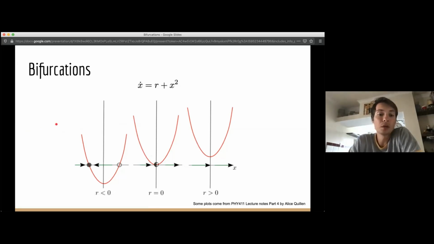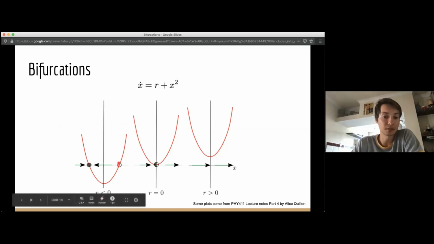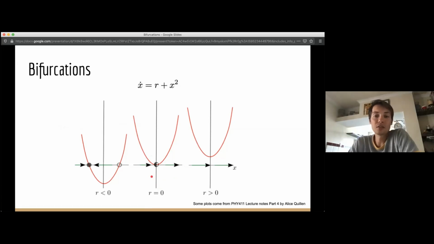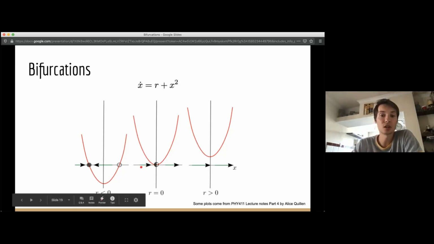And now we have three different situations. For negative r, as you know already from the stability analysis, we can see two fixed points, out of which one is stable, the other is unstable. R equals 0 is something that we call the critical point, because this is the point when something interesting starts happening, right?